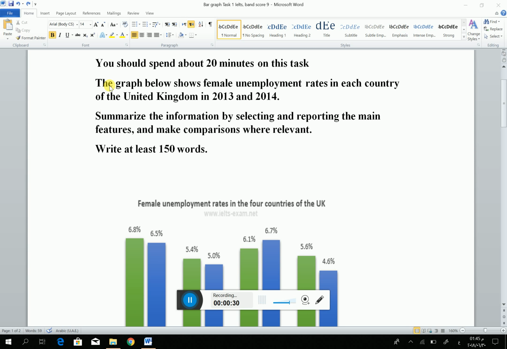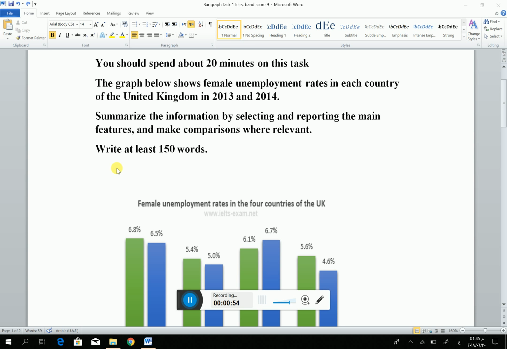As you see, the question: the graph below shows female unemployment rates in each country of the United Kingdom in 2013 and 2014. Summarize the information by selecting and reporting the main features and make comparisons where relevant.